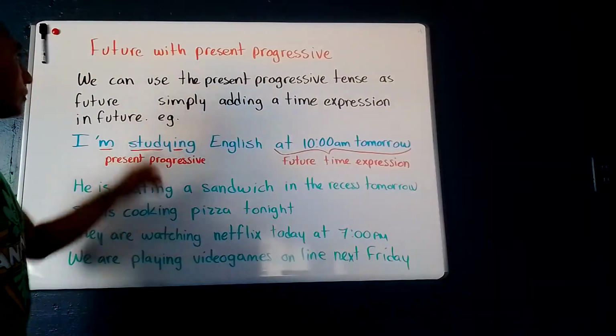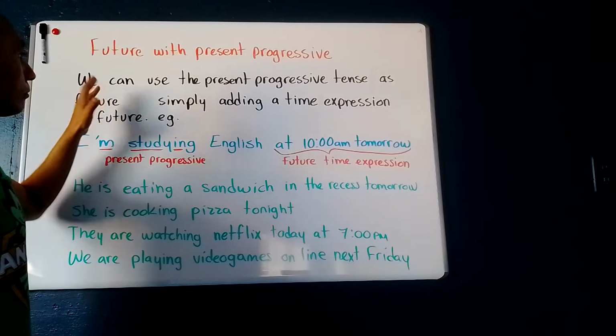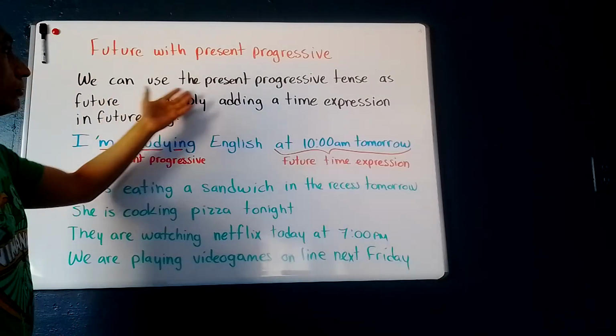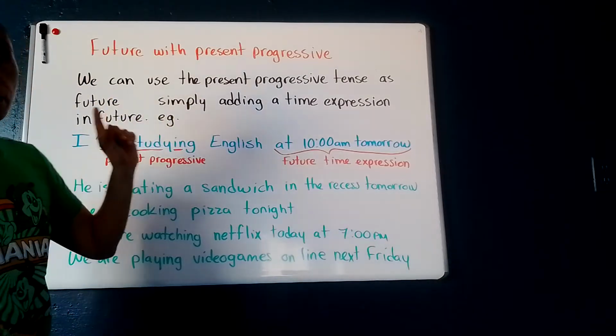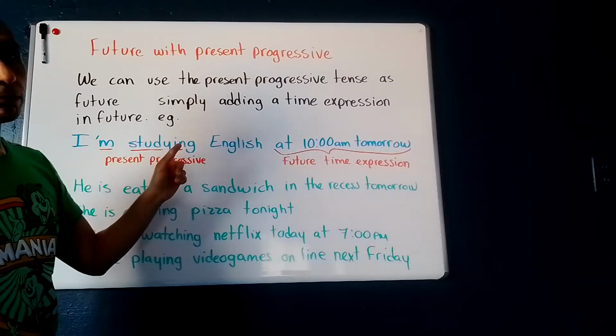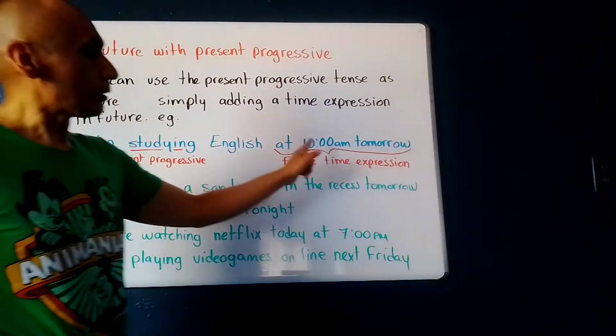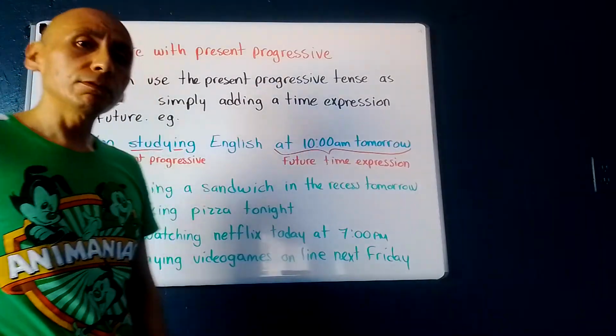So the first topic is future with present progressive. It says, well, we use the present progressive tense as future, simply adding a time expression in future. For instance, I am studying English at 10 a.m. tomorrow.